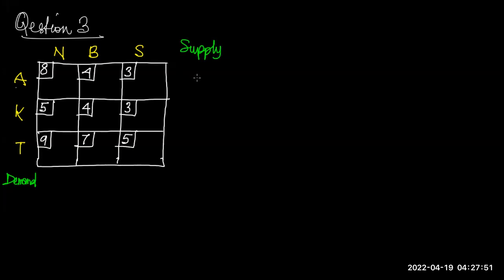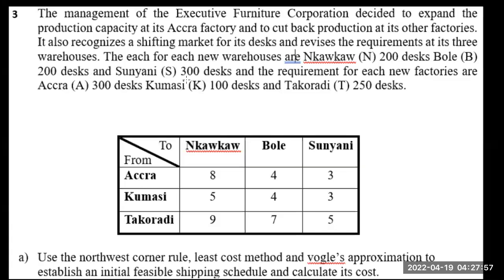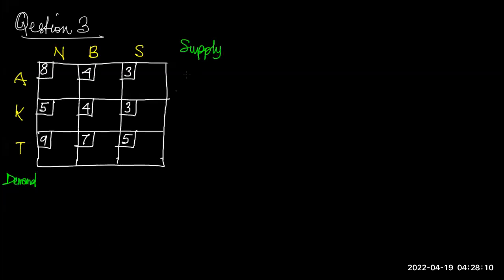Then we write the others outside. How much is Accra producing to supply? Accra 300, Kumasi 100, Takoradi 250. So 300, 100, and 250.